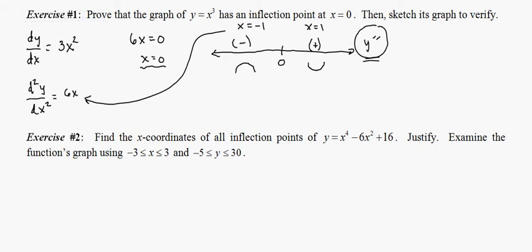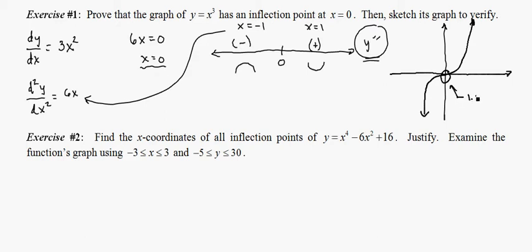The final thing I'd like to do is just sketch the graph. I'm really hopeful that y equals x cubed is a power function whose graph you know. It looks a lot like y equals x squared when x is positive. One of the big differences, though, is it looks like -x squared when it's negative. And notice that what we have there is an inflection point.